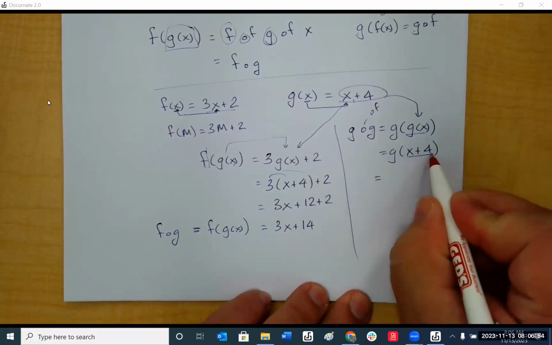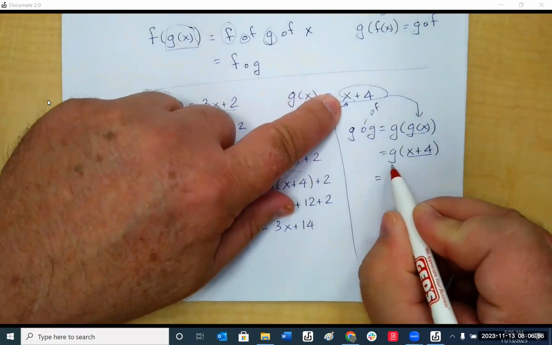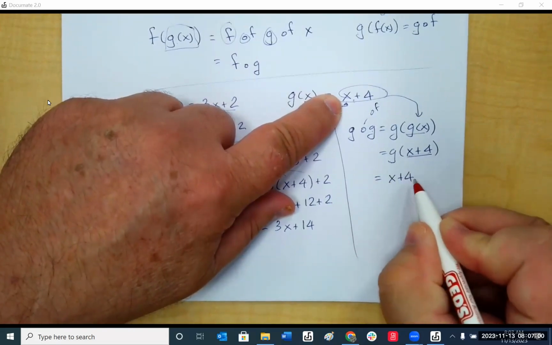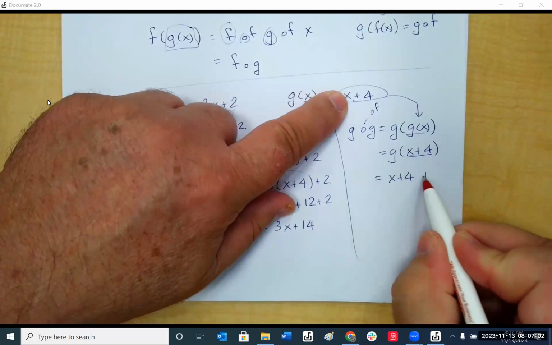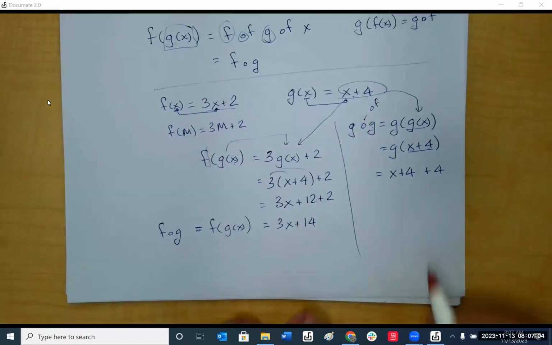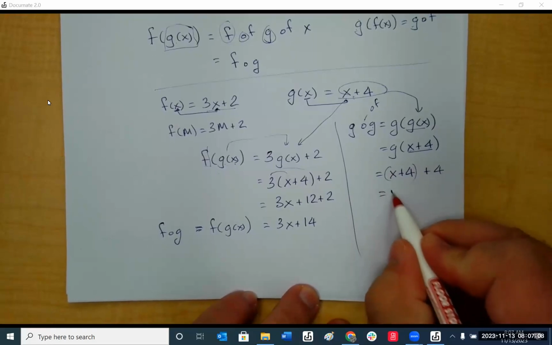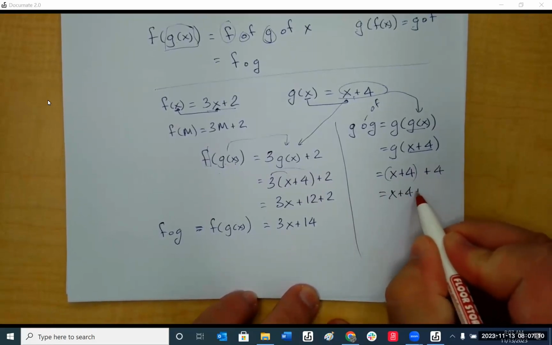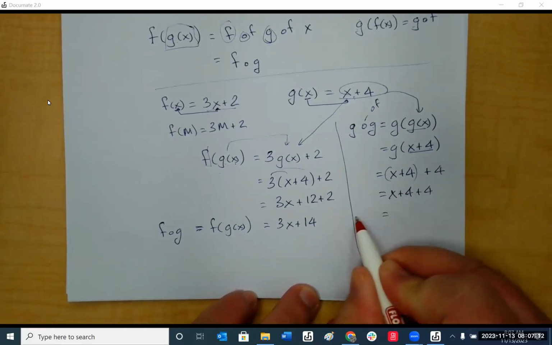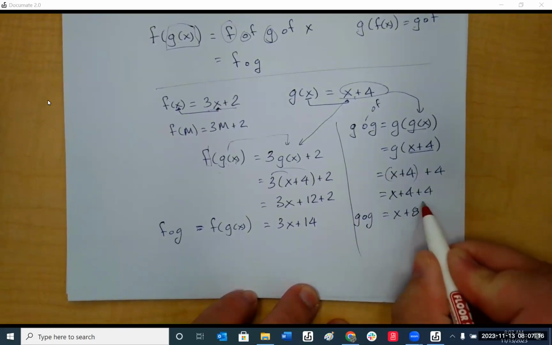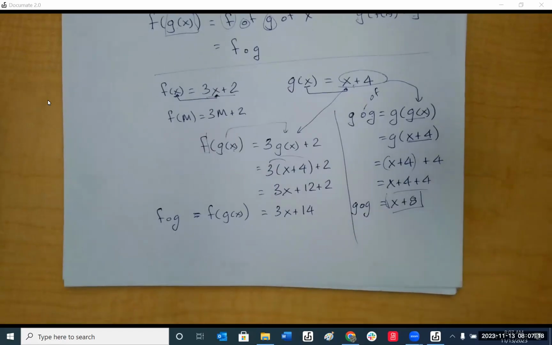Now, what this means is in my function g, anywhere I see an x, I put x plus 4. That's what x is, plus 4. Get rid of the parentheses. So my Gog is x plus 8. That's how you do it.